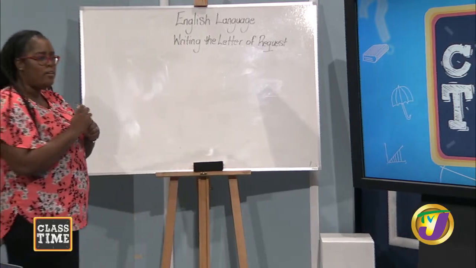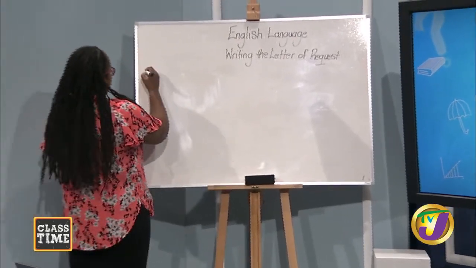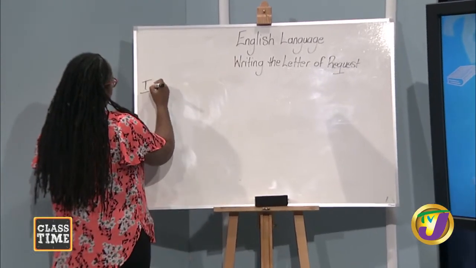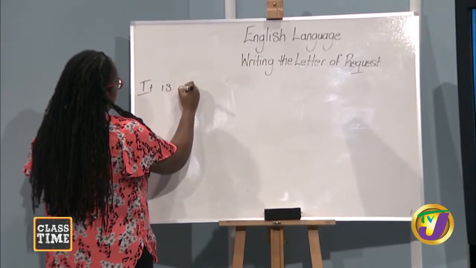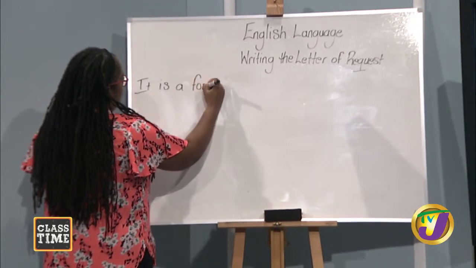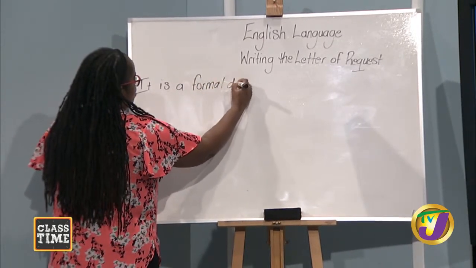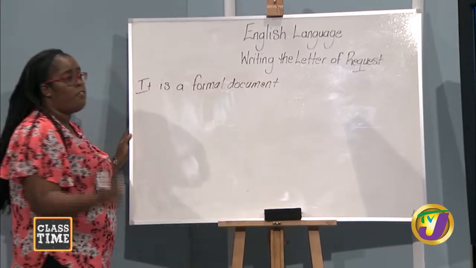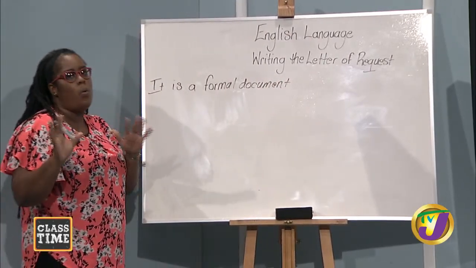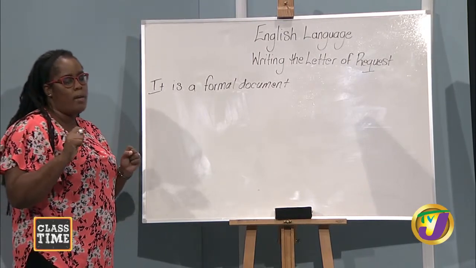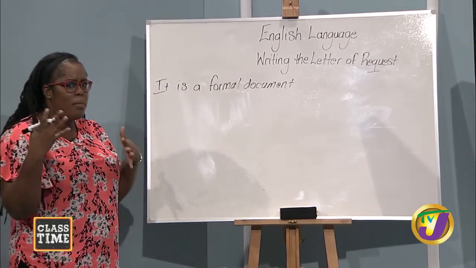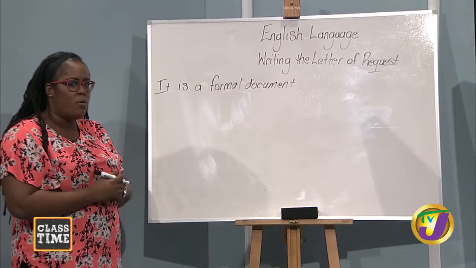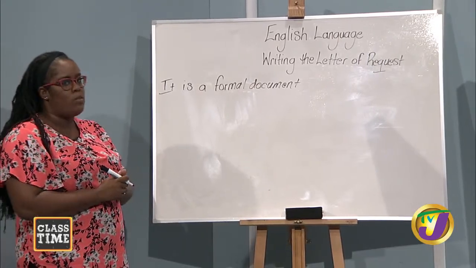All right, so one, this is a formal document. So we always need to remember that this is a formal document. Anything else that comes to mind after everything that we have looked at so far? It is a formal document. What else?